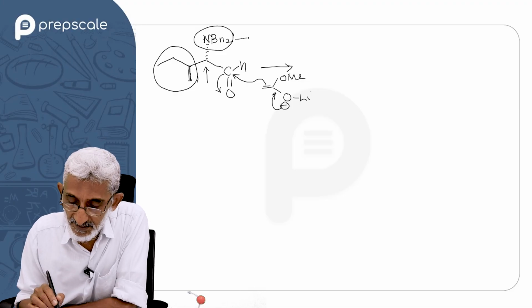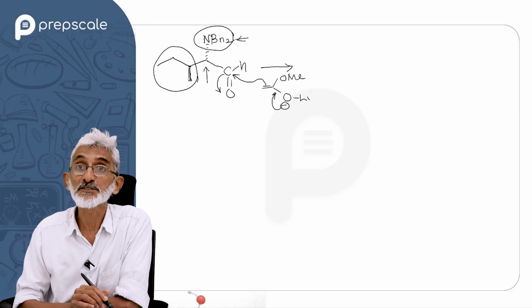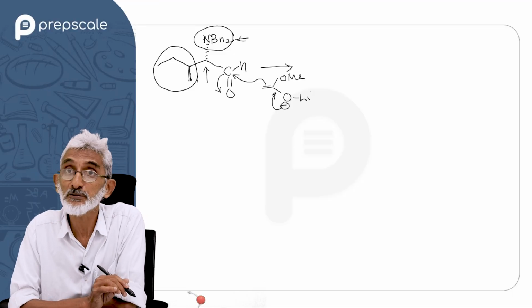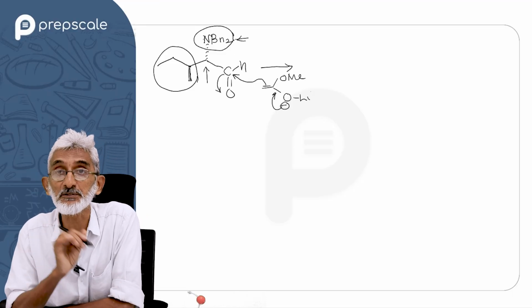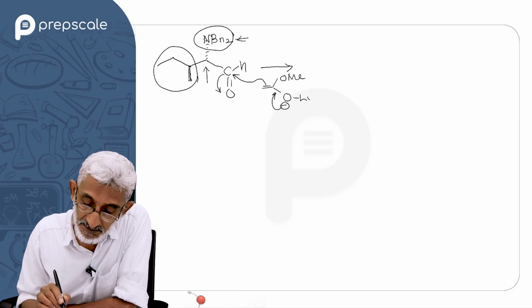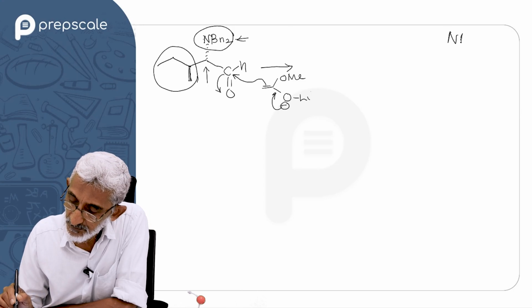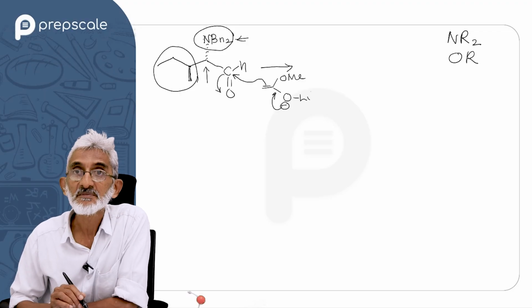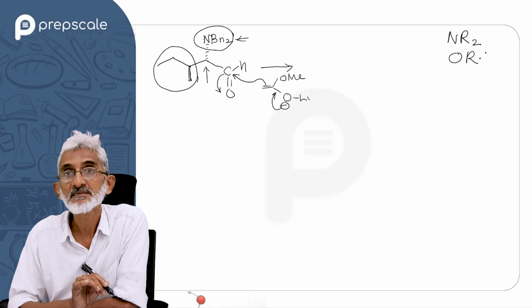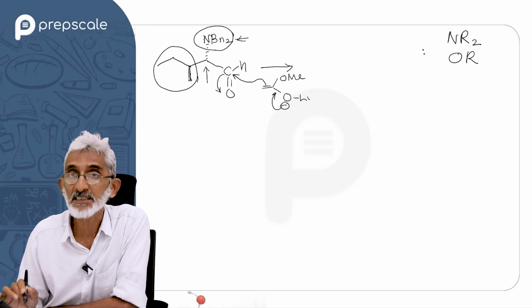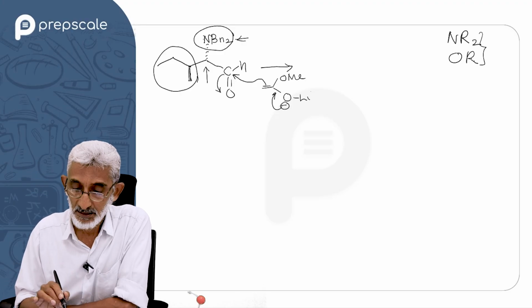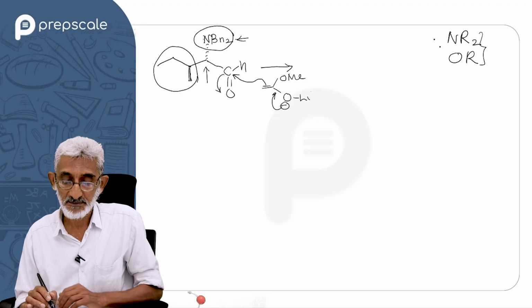These are considered as large groups that decide the stereoselectivity of the final product. So it can be NBN2, NR2, OR, any group like this which has an electronegative atom. These groups will be deciding, and this will be considered as the largest group.